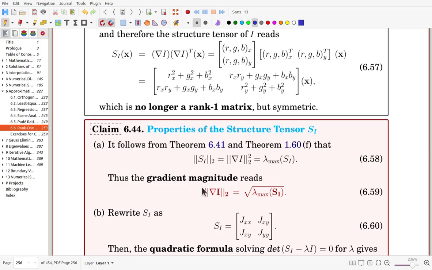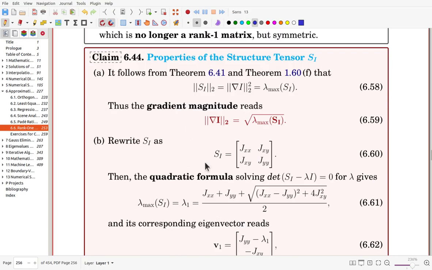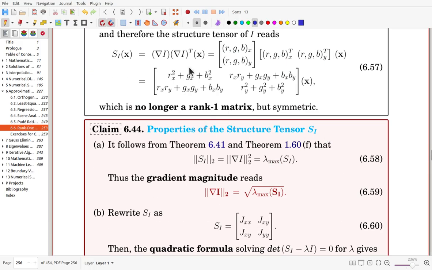To find the explicit formula for the eigenvalue and eigenvector, let's write the matrix in this form: J sub xx, J sub xy, and J sub xy, and J sub yy.